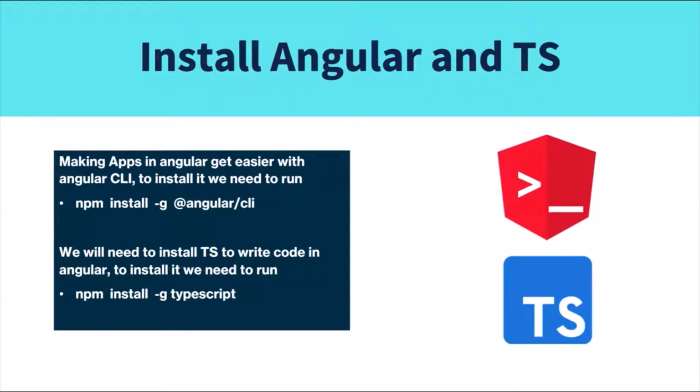In writing, it's similar to JavaScript, but it has more features than JavaScript. That's why we will install TypeScript and we will use this TypeScript to write the code for Angular. And we can install TypeScript using npm install -g typescript.